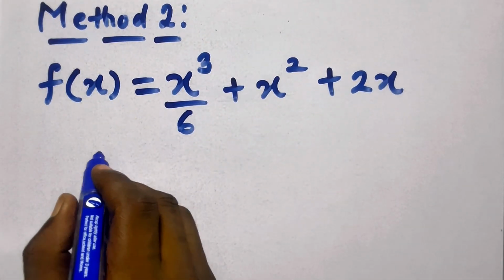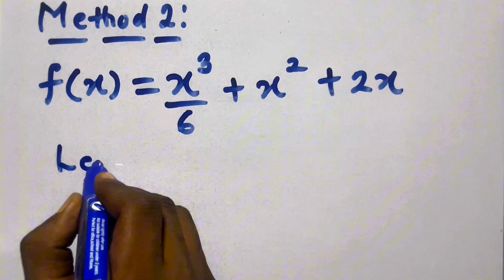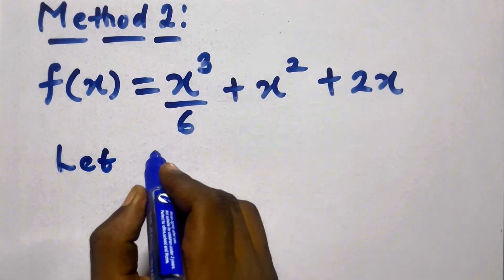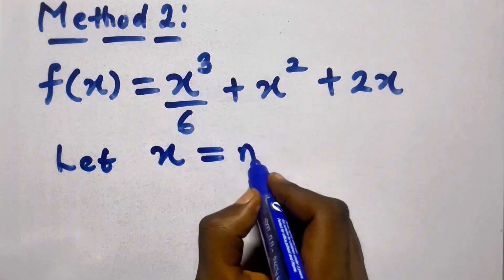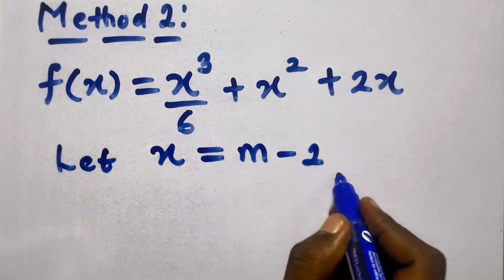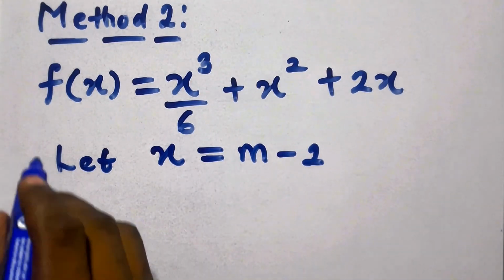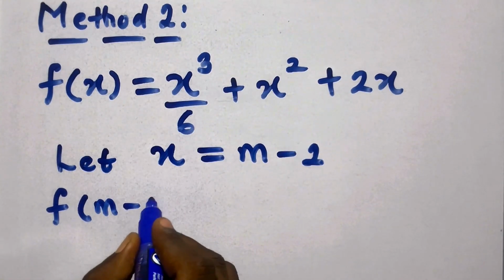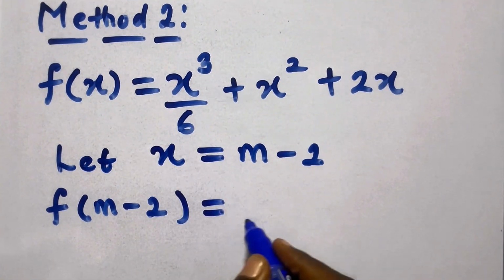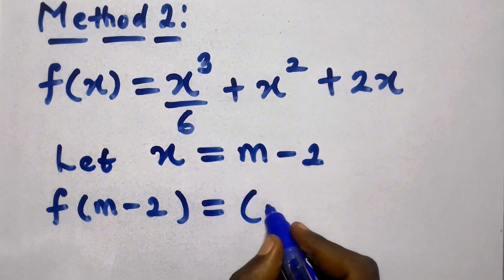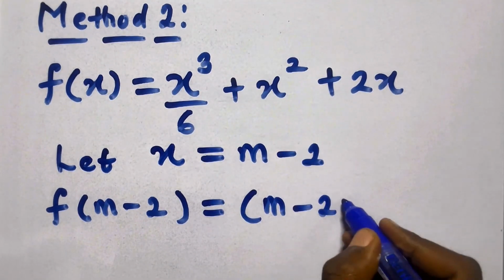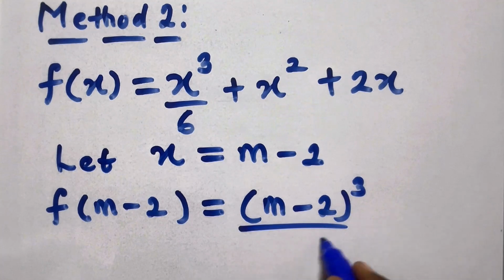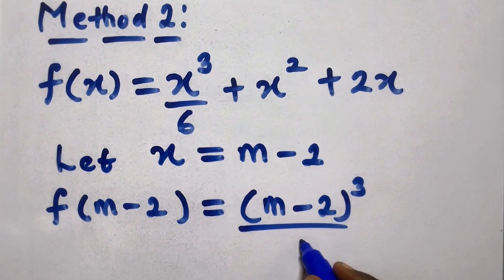The first step here is to let x be equal to m minus 2. So if x equals m minus 2, we are going to have f of m minus 2 equals, since we have x here, m minus 2 raised to power 3 divided by 6.